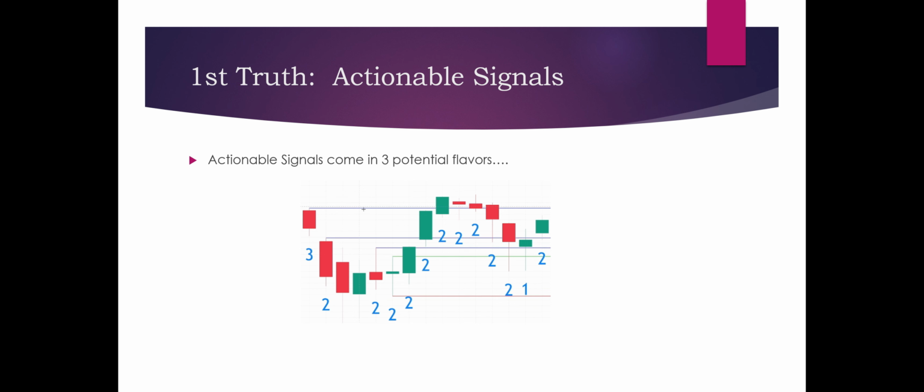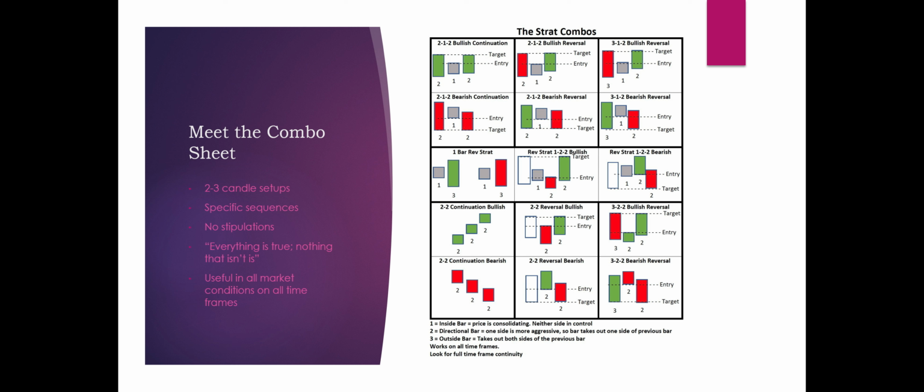Again, so first truth, actionable signals. We've seen this pattern before a few times. Get your ones, get your twos, get your threes based upon what types of candles they are, right? This tells you trend, this tells you pattern. We've kind of beat that to death. This one here is what we call the combo sheet, and this is something that Rob Smith invented quite some time ago.